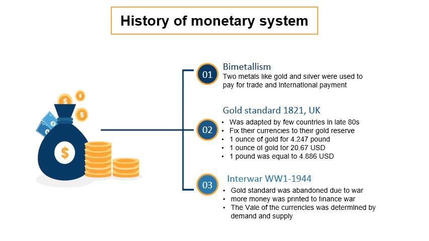So if a person wanted to know the exchange rate for USD, they could find it like this. At that time, 1 pound was equal to $4.886.